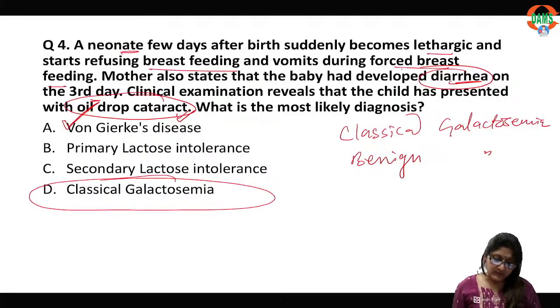Diarrhea is not a feature of galactosemia. So maybe this baby also has a little lactose intolerance, but because they have given the oil drop cataract, that's a very strong hint that the baby has a problem with galactose or lactose-containing food, and milk has a lot of lactose. So it is the oil drop cataract which is giving you the answer here, and it is going to be classical galactosemia.